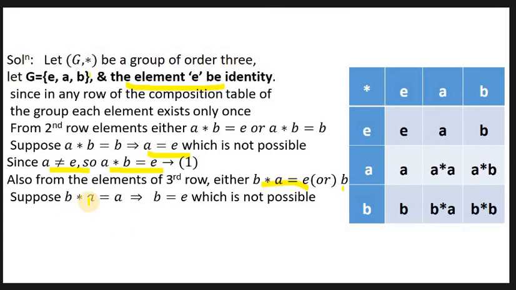We are operating the element B with A and we are getting the answer as B, so A would be the identity element.